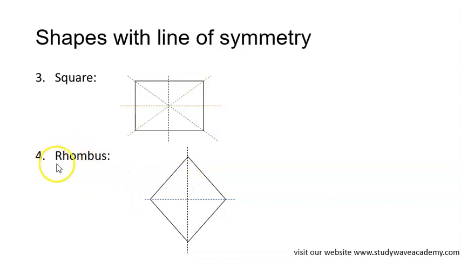This is called a rhombus. A rhombus, all sides are equal and it has how many lines of symmetry? We have 1, 2. So a rhombus has 2 lines of symmetry, okay? A square has 4 lines of symmetry and a rhombus has 2 lines of symmetry.